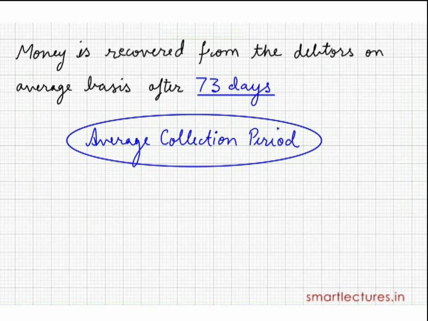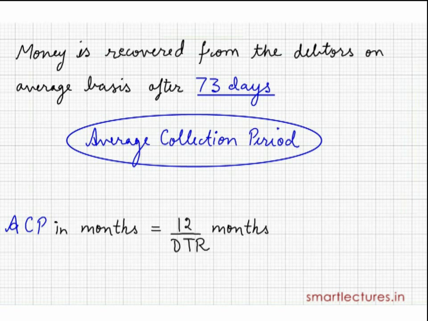If you are asked to calculate average collection period in months, then it's very simple, 12 months upon debtors turnover ratio. If you are asked to calculate average collection period, means ACP, in weeks, then it will be 52 weeks upon debtors turnover ratio.